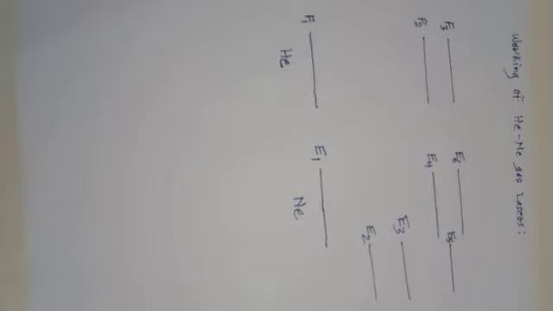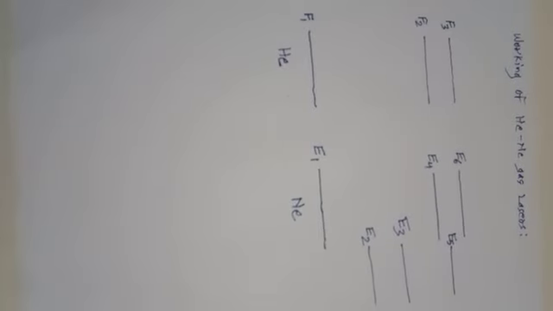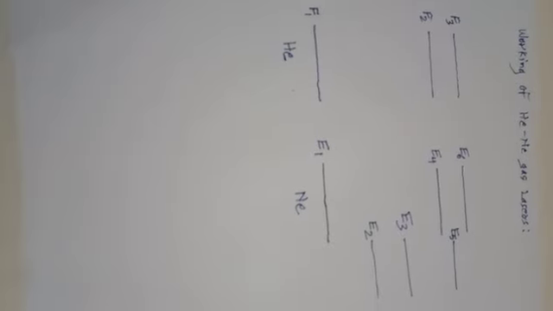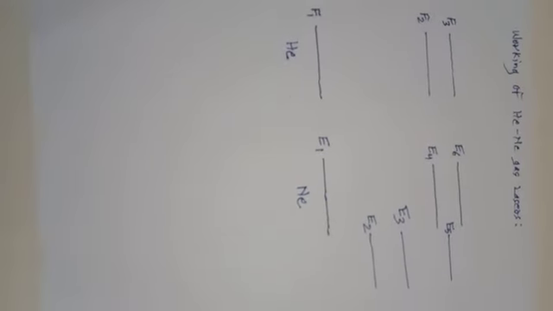F1 is parallel to E1 of neon, F2 is parallel to E4 of neon, F3 is parallel to E6. This should be clearly drawn and they should be on the same line: F1 E1, F2 E4 and F3 E6.